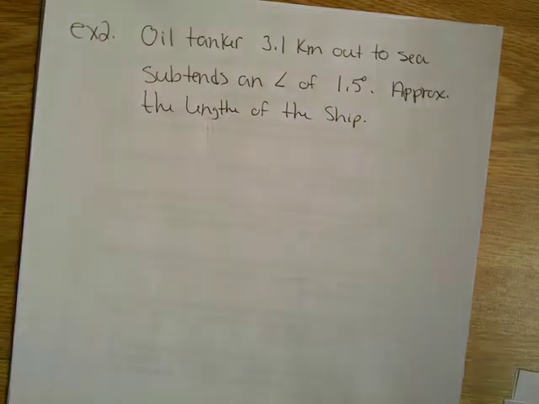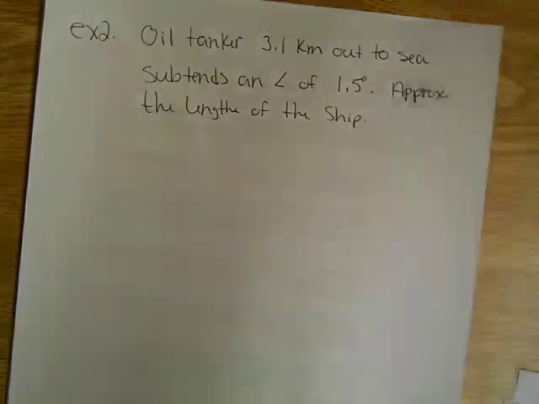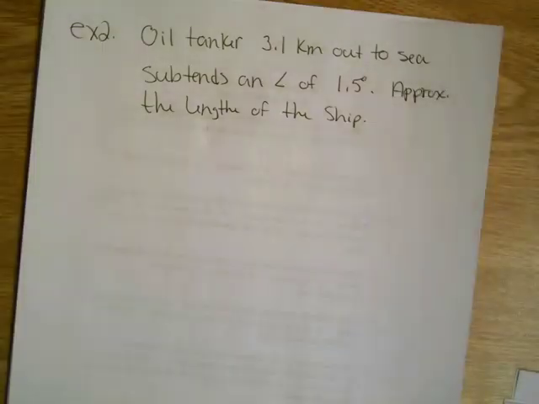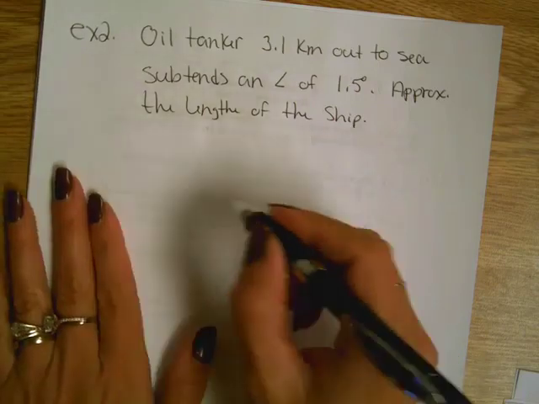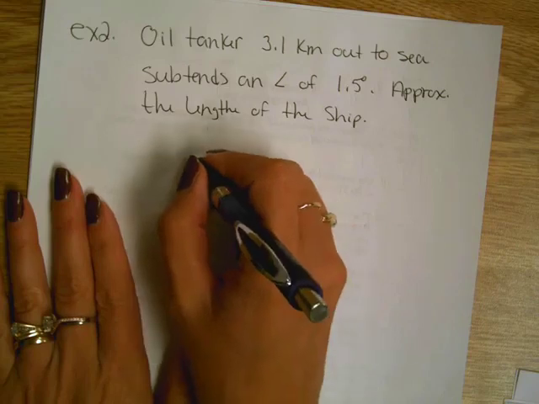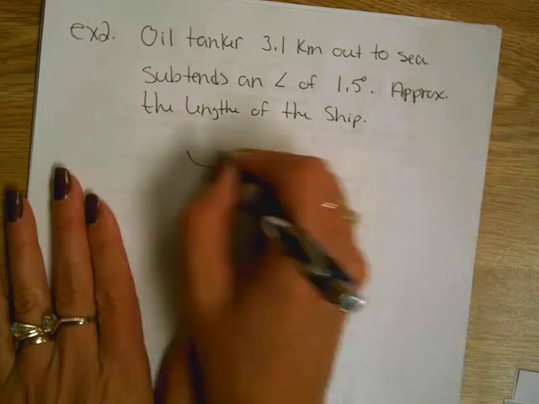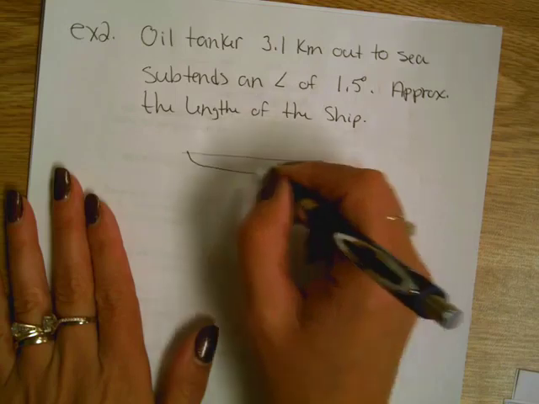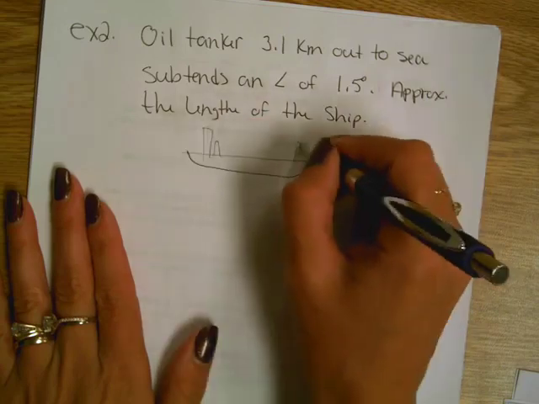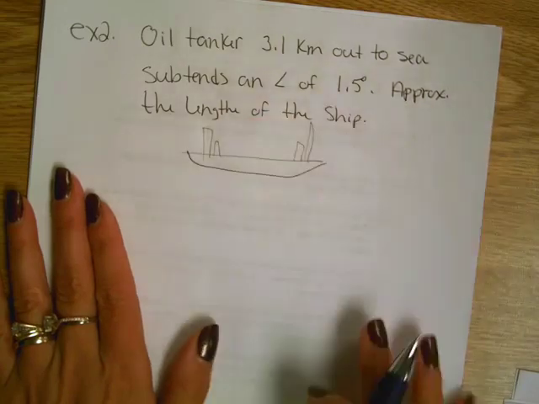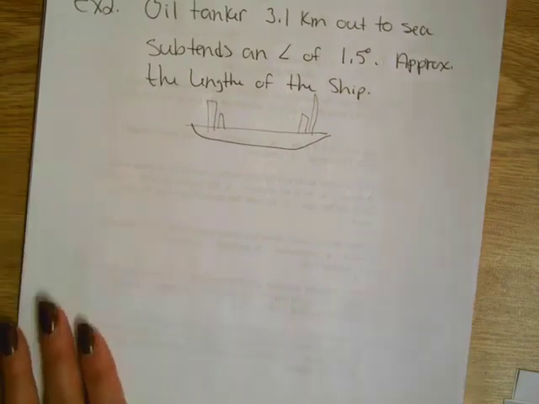So you've got your oil tanker way out, standing on the beach, you're looking at it go by, or the shoreline. Got your little angle measuring tool out there because you're good. You're a little geek. You can measure that angle from the front to the back. So here's our oil tanker. I don't even know what it's supposed to look like. Put a couple stacks on it, I don't know. Okay, beautiful.